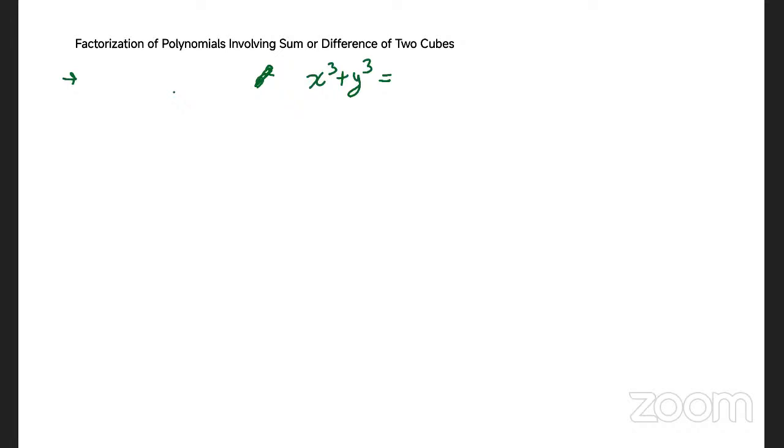It is x plus y into x square minus xy plus y square.